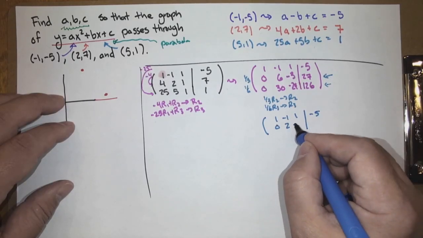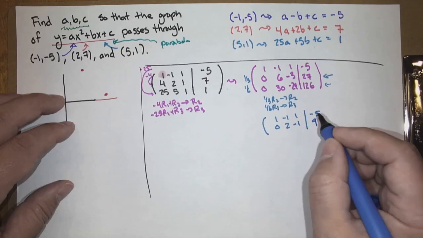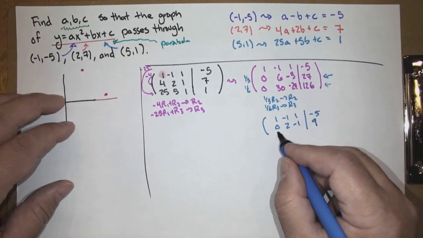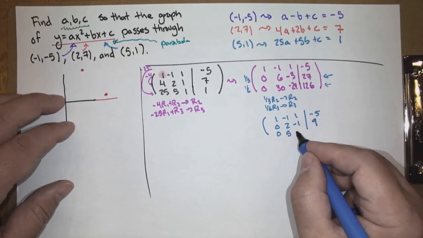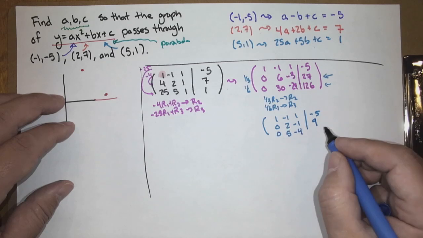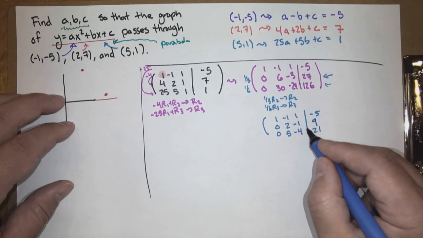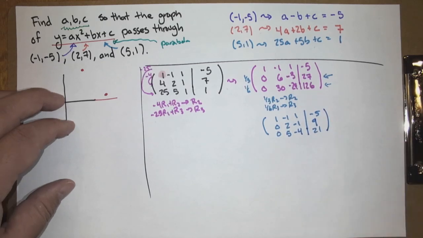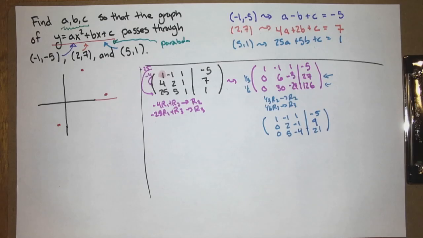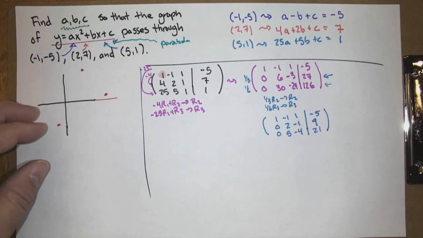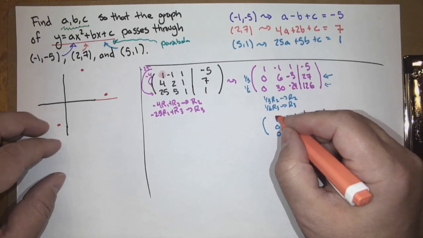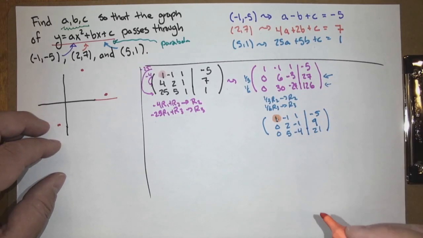So I'm just scaling everything down. Scaling the second row by 3, the third row by 6, and 6 divides into 126 21 times. All right. So now we're happy with column 1. We like that one. We're going to keep that one.